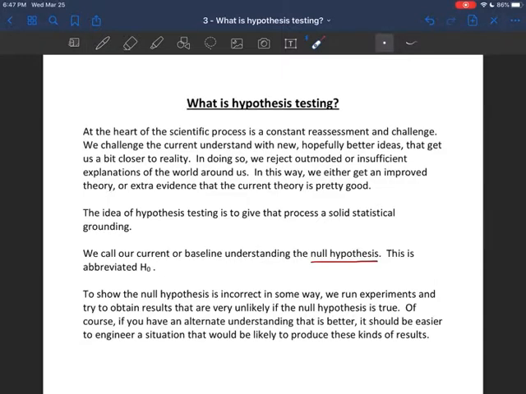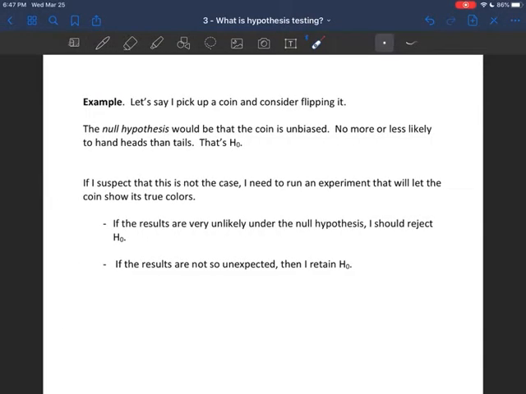But if you have an alternate explanation and you think it's true, then it shouldn't be too hard to engineer a situation in which you're very likely to get results that are well explained by your explanation, but very poorly explained by the null hypothesis. You try to find those differences between the null hypothesis and your alternative hypothesis. And so that's the experimental setup that we try to do.